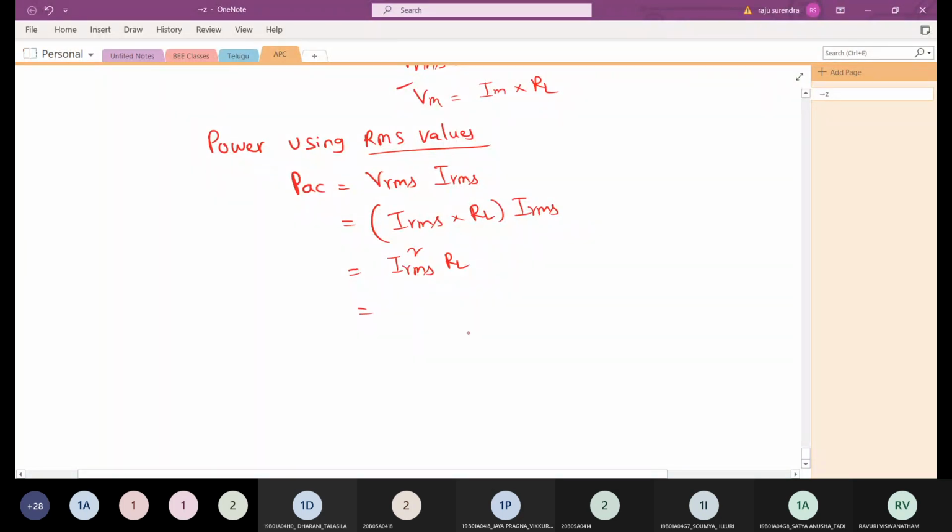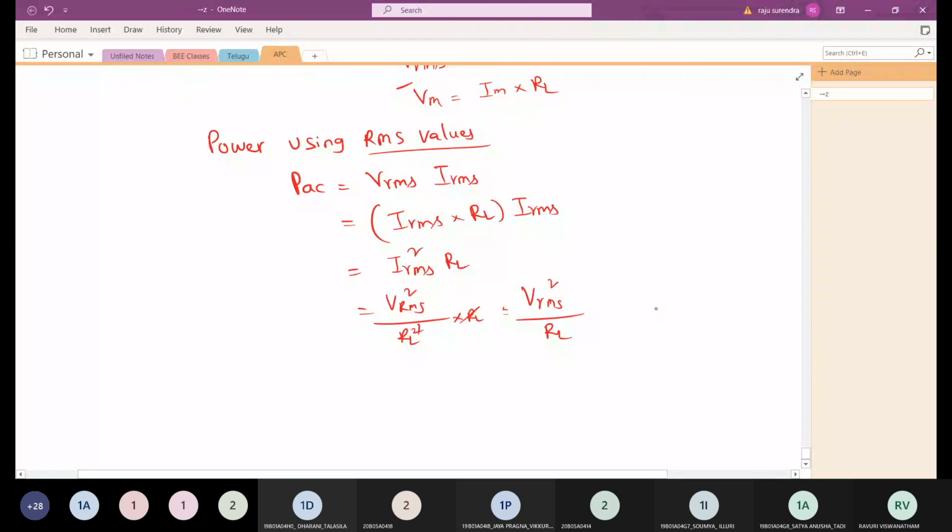IRMS is nothing but VRMS by RL, so VRMS square by RL square multiplied by RL. RL cancels, so the final value is VRMS square by RL.